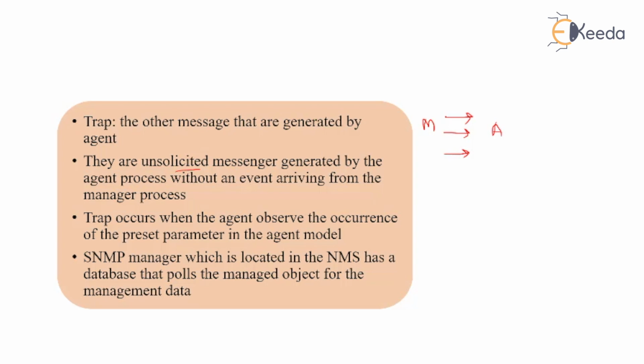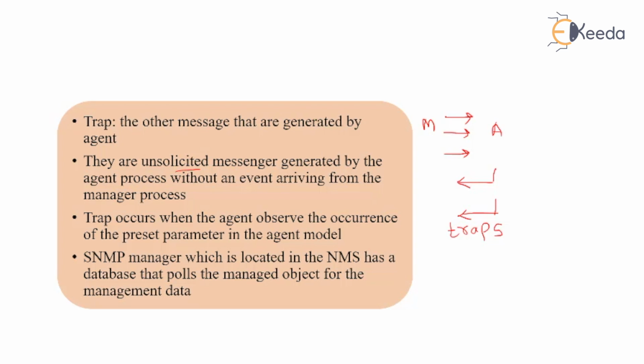With the arrival of any one message, only then will the agent try to respond with the help of get response. But along with get response, some messages are generated which may be unsolicited, that means unwanted, and those are nothing but traps. So for the generation of traps, as they are unwanted messages, no event or request should be sent by the manager.